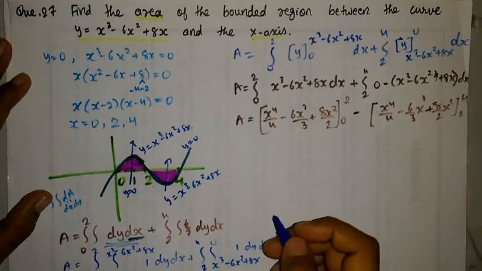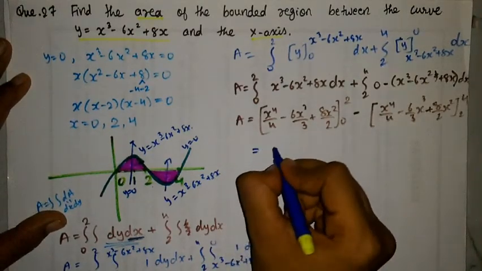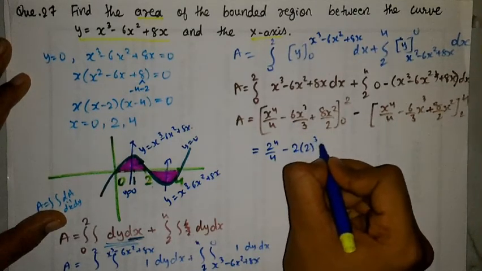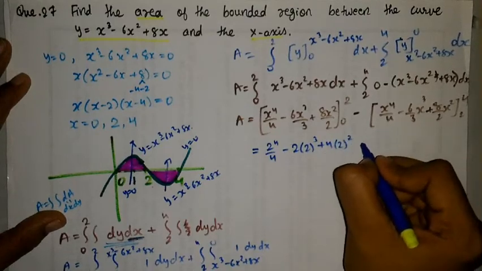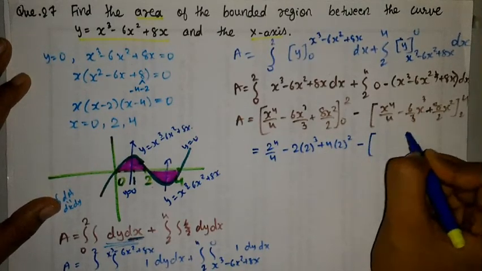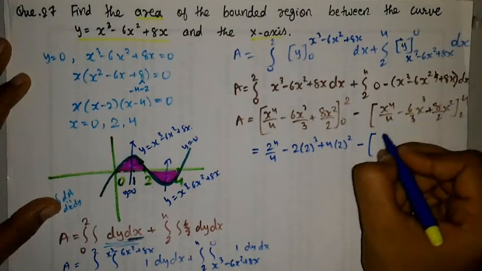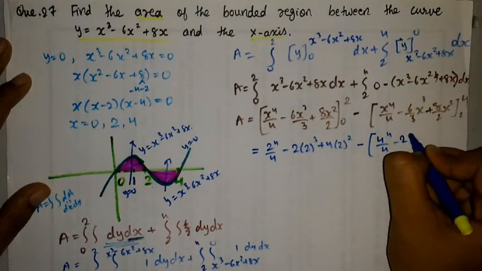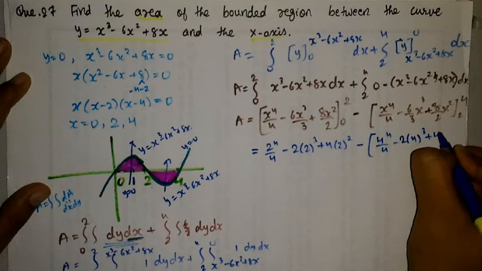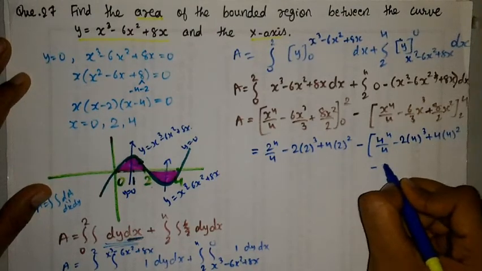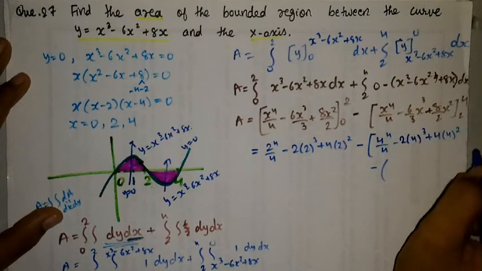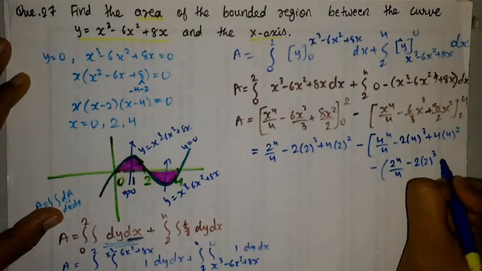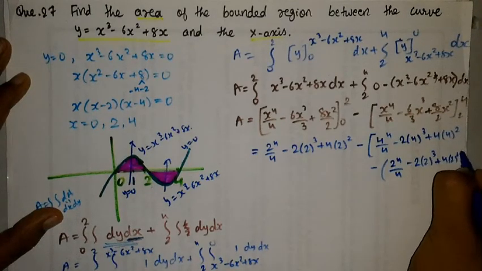Now put the limit, that is equal to 2 raised to 4 by 4 minus 2 into 2 cube plus 4 into 2 square, minus, now put upper limit, so we get 4 raised to 4 by 4 minus 2 into 4 cube plus 4 into 4 square, minus, now put lower limit, upper limit minus lower limit, so 2 raised to 4 upon 4 minus 2 into 2 cube plus 4 into 2 square.